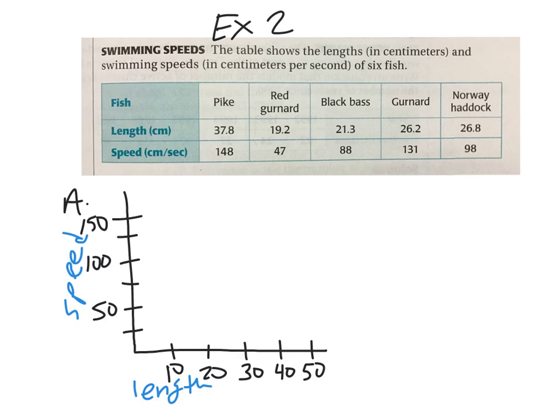Okay, so the pike fish is 37.8 long. So just under 40. And how fast did it swim? 148. Okay, so almost to 150. So he's about there. The red gurnard is almost 20, and going 47, so he's right there.